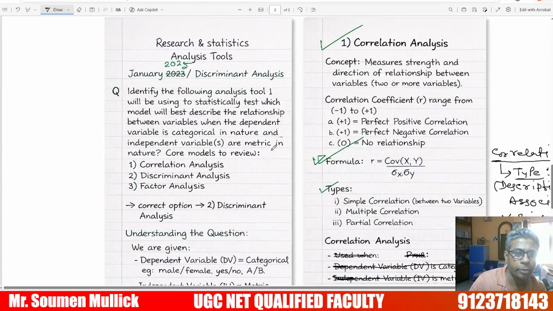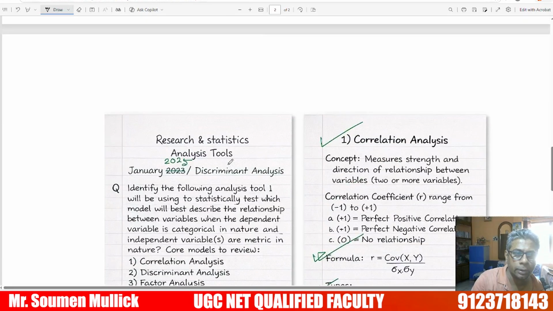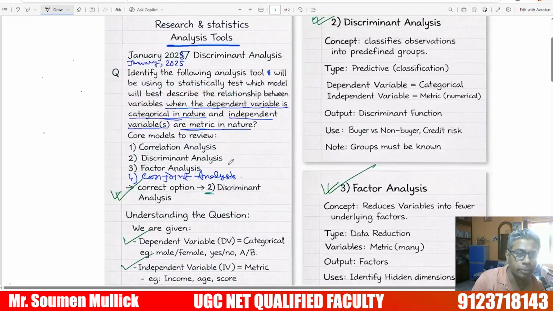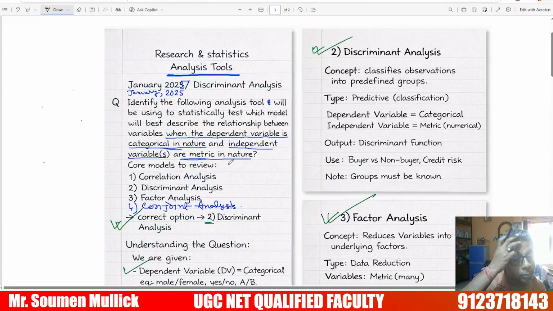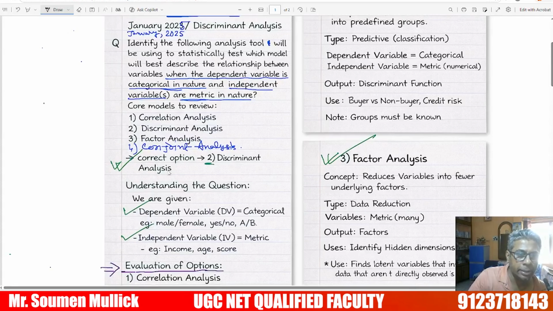Which model will best describe the relationship between variables when the dependent variable is categorical in nature and independent variables are metric in nature. They have given here the four options. The question has already given that the dependent variable is categorical and independent variables are metric. So the correct option is discriminant analysis.